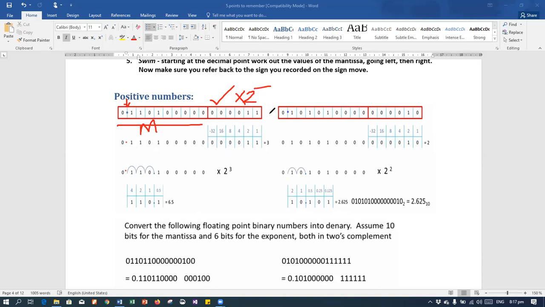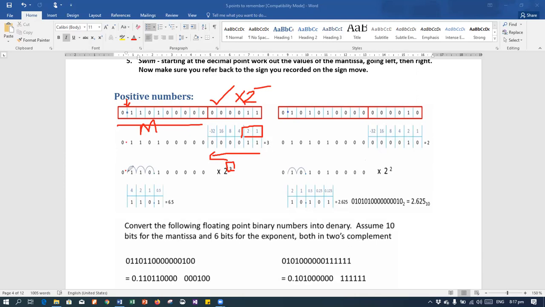That is always an integer value. So this integer value would be found out how? By giving the place value, and it would always start from this point: 1, 2, 4, 8, 16. This is normal conversion of the whole number. So now by putting the place values here, we have got these two numbers on. When we added them, 2 plus 1, 3, that would be the value of the exponent. Getting the value of exponent gives the opportunity to move the decimal point from the fixed point.